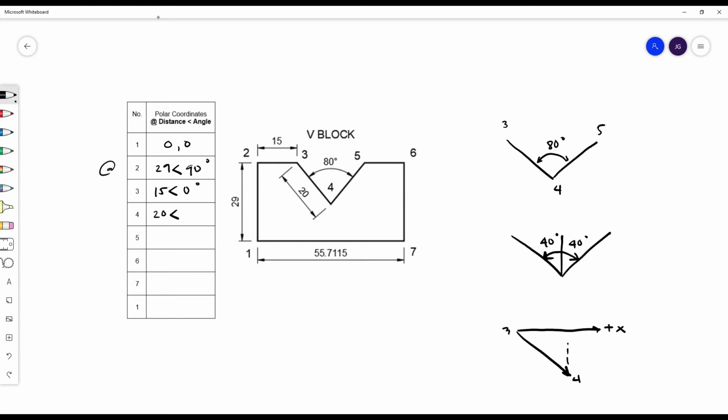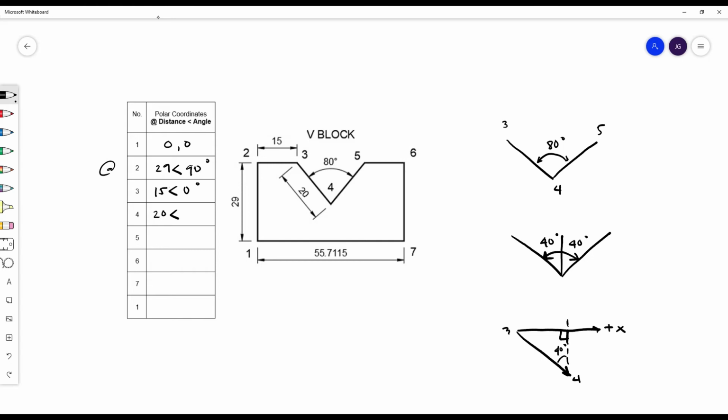This is 40 degrees, and as we can see, we have formed a right angle from our third to fourth point, corresponding to the x-axis.